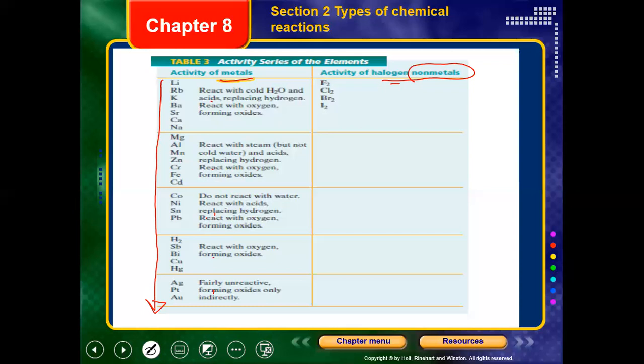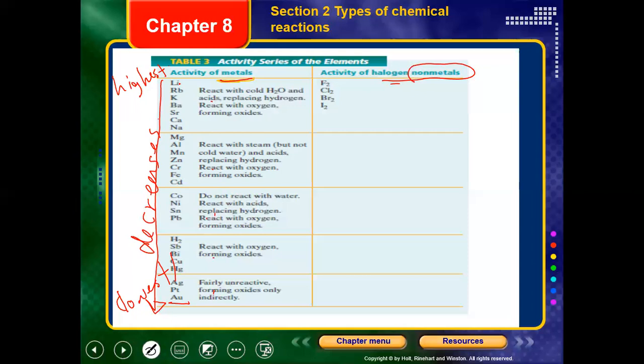When you go from up to down, the reactivity of the elements decreases. So lithium here has the highest reactivity, and gold the lowest reactivity.